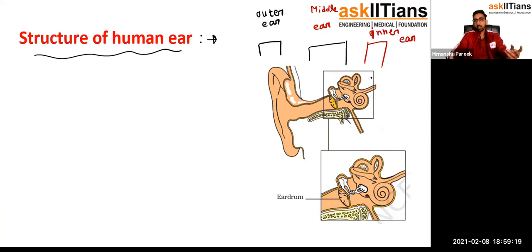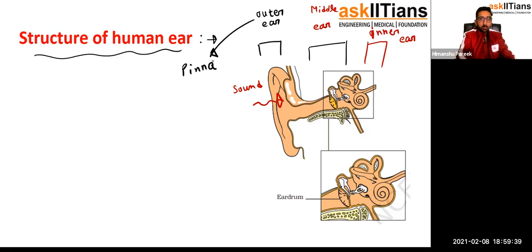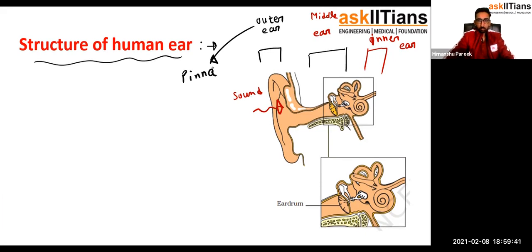Outer ear means from where the sound wave is entering our ear. Sound wave will enter from this place. And what do we call this in biology terms? We call it pinna, P-I-N-N-A, pinna. So that's what the outer ear is called. So sound wave first of all will enter into the outer ear, basically the pinna.